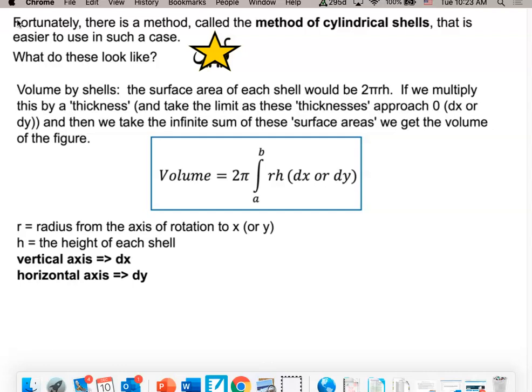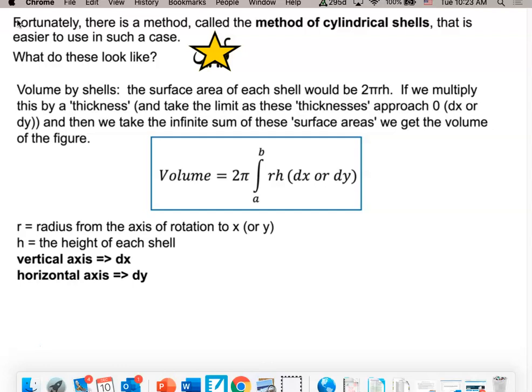Not the top and the bottom, just the outside part, right? So the surface area of the outer part of a cylinder, well, if you take the cylinder and split it down, just lengthwise, and open it up, you always get a rectangle, right? So a cylinder is really just a rectangle that's been folded around.